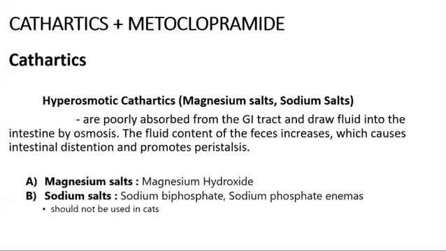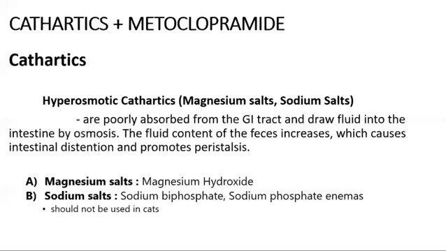Normally, ang mga magnesium compounds natin, 20% lang ang systemically absorbed sa kanila. And the rest will be eliminated. If ang absorption ng magnesium is excessive o kaya naman renally impaired ang patient natin, severe hypermagnesemia or metabolic alkalosis may also develop. Sodium salts can also be given orally as saline cathartics, but are more commonly administered as sodium biphosphate or sodium phosphate enemas.